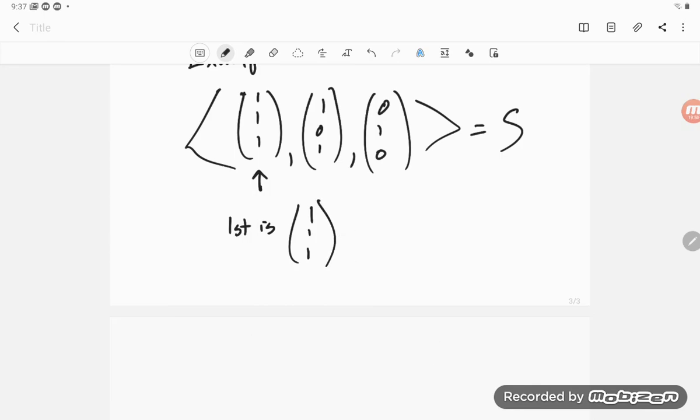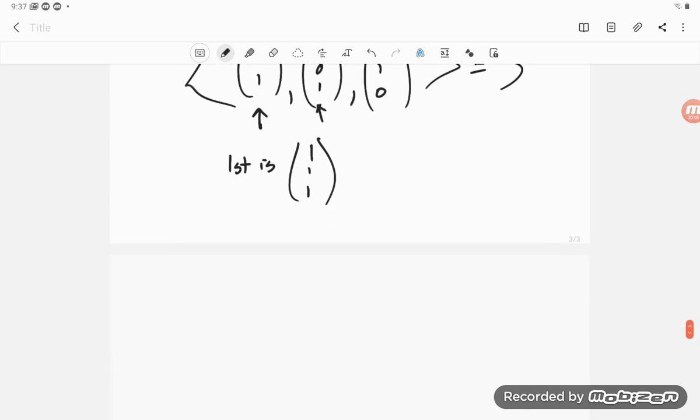Now I go to the second one and ask, is that a linear combination of the first? No, it is not. 1, 0, 1 is not equal to some constant times 1, 1, 1, because the only way I can get that 0 in there is if the constant is 0, and that doesn't do it.